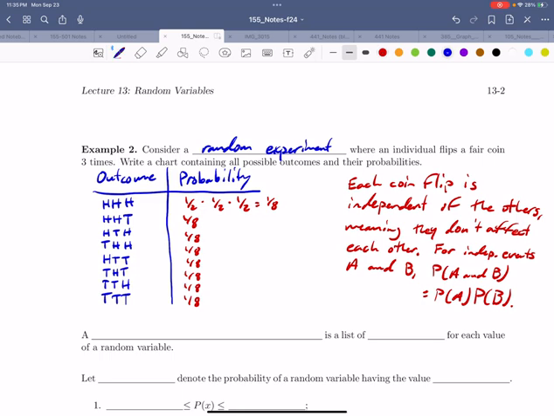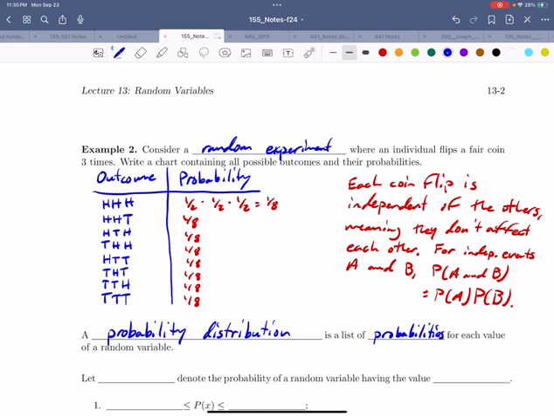Next up, a probability distribution is a list of probabilities for each value of a random variable. Now note that we must be talking about a discrete probability distribution.